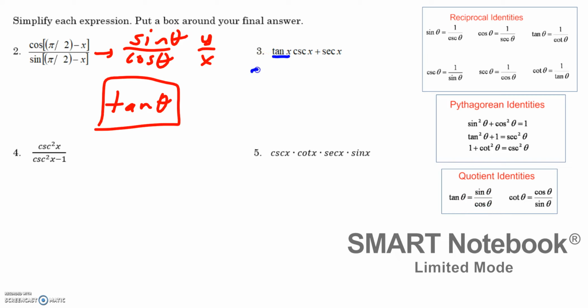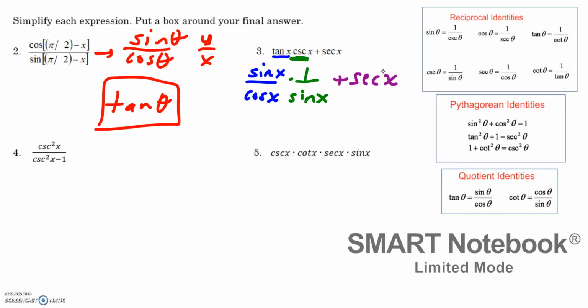So what if we replace this with sine of x over cosine of x? And then I see cosecant, and I say, you know what, I prefer it in terms of sine. So what if we replace cosecant with its reciprocal identity, 1 over sine of x, and then we have plus secant of x. We could change this to 1 over cosine, but let's see where this goes.